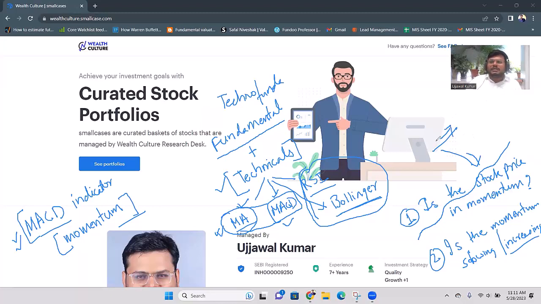So these are two very important things that need to be understood. One, whether my stock is in momentum or not, and second, if it is in momentum, whether the momentum is increasing or reducing. Both of these questions are answered by this MACD indicator, right?